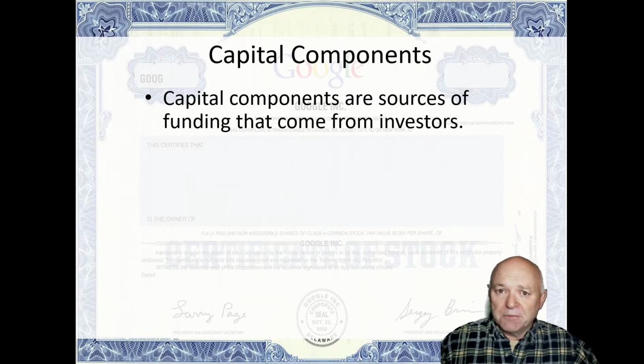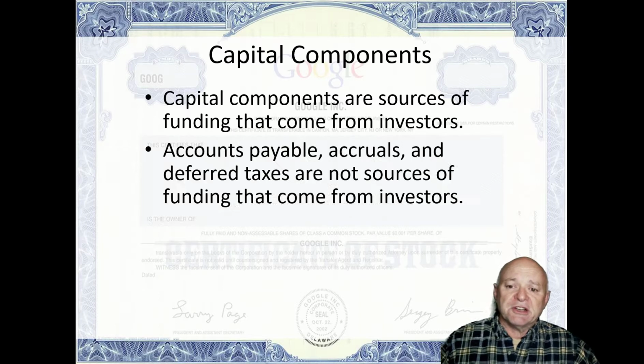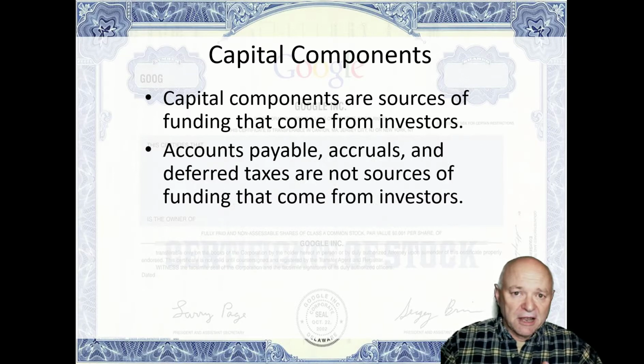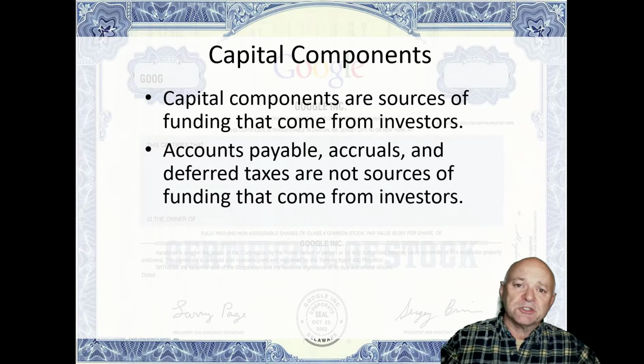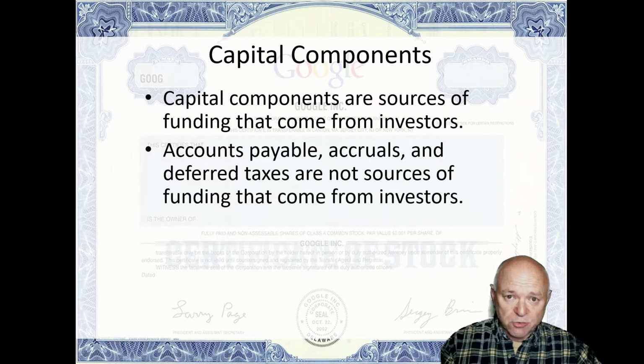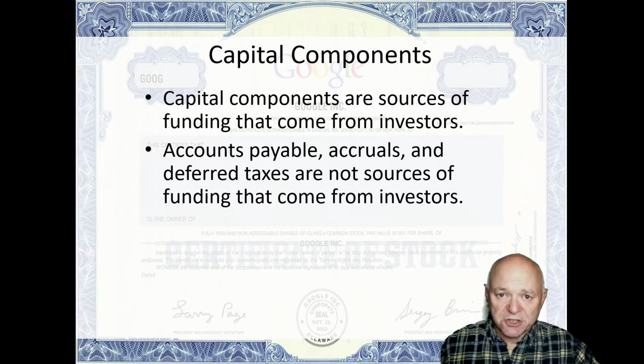The capital components are the sources of funding that come from investors, and as I mentioned earlier, we ignore things like accounts payable, accruals, deferred taxes. The obligations that these represent are important because they also create stakeholders in our business.